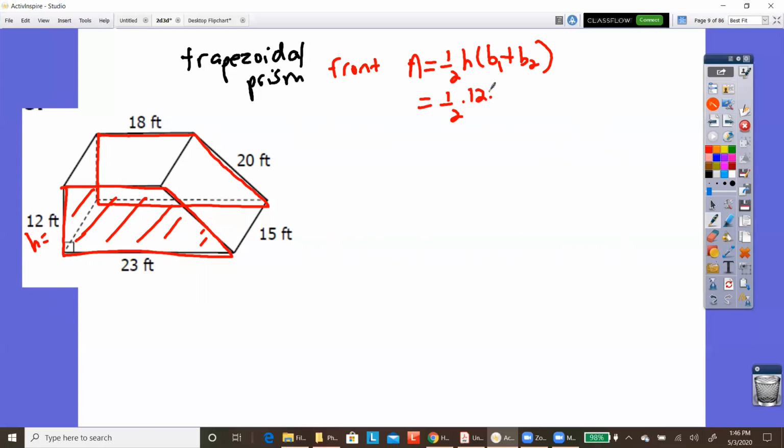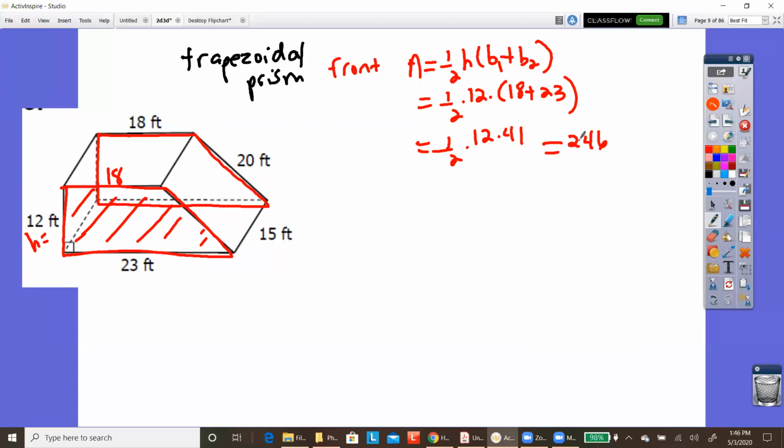And then the bases of the trapezoid are the parallel sides, which are 23 and 18. So if you add 18 plus 23, you're going to get 41. So 1/2 times 12 times 41 is going to give you 246.